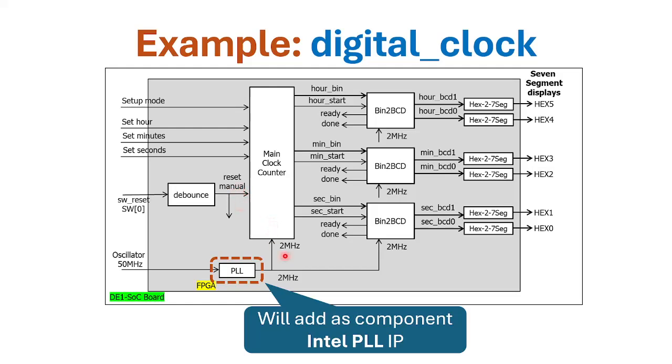For counting time in increments using a 2 megahertz clock that would be used to count seconds, minutes, and hours, we use a PLL as a clock divider that takes as an input the accurate, stable clock signal of 50 megahertz from the crystal quartz oscillator that we have on the board and divides it to 2 megahertz precisely. So this is the IP, the PLL, that I will show you how to use.